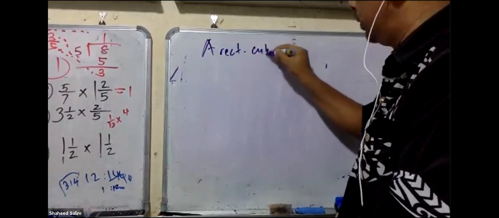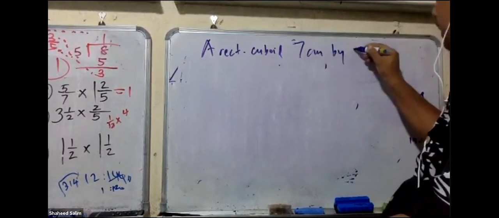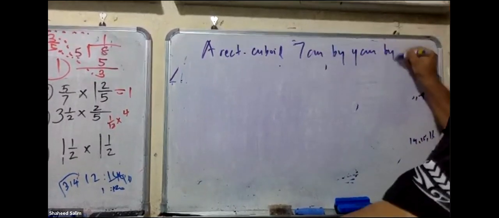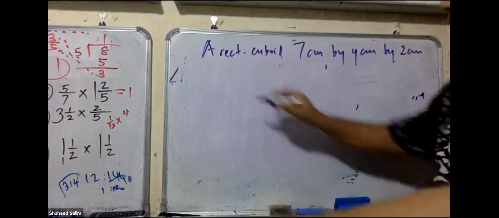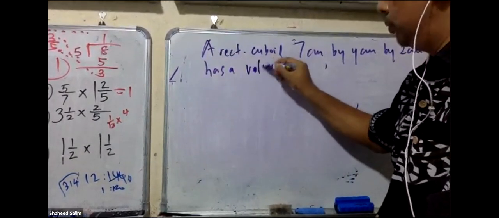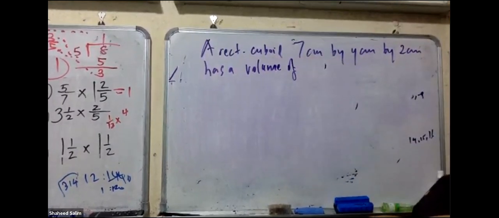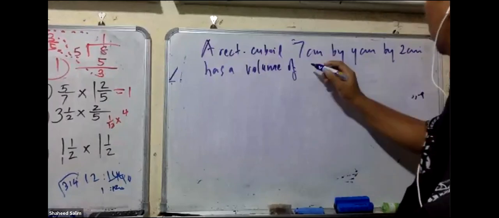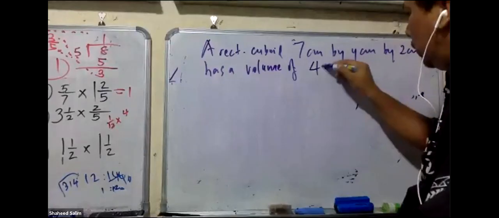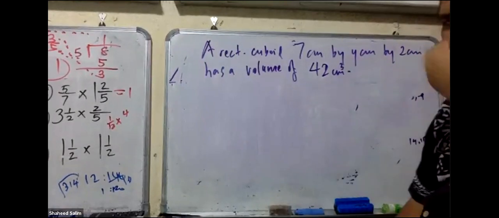A rectangular cuboid 7 cm by y cm by 2 cm has a volume of, hold on, 42 cubic cm.